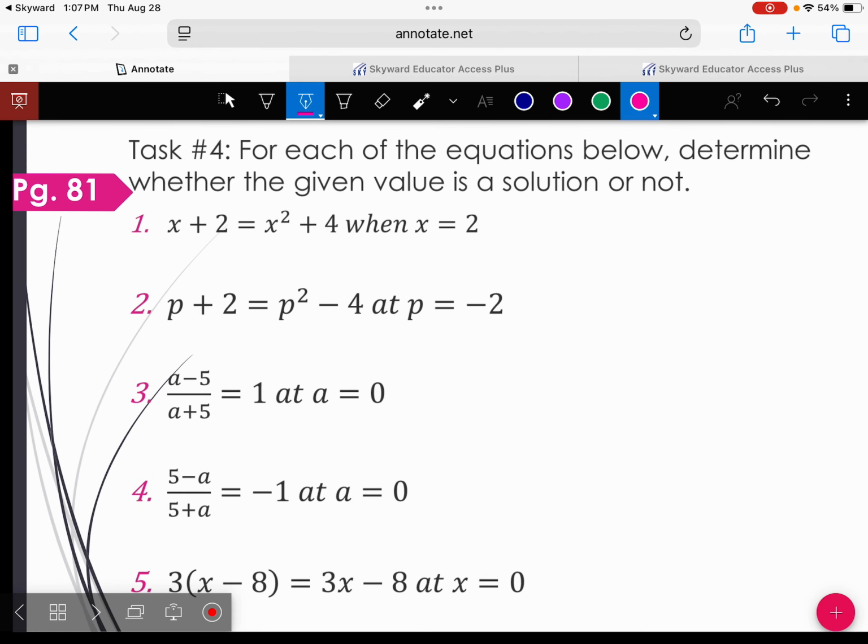So what we're trying to see is, does this expression equal this expression, specifically when x equals 2? So we want to know if x plus 2 is the exact same thing as x squared plus 4 when x is 2. How could we try and figure that out?